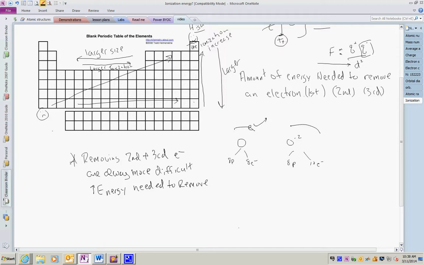One is just radius, and they both have the same number of protons. So now we're looking at just distance. This guy has gained 2 electrons here. In this case, we have our nucleus, and we have this outer layer, which originally had 1, 2, 3, 4, 5, and 6 valence electrons. I'm just going to draw it out quickly here.